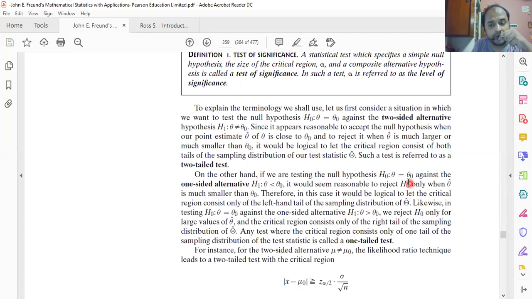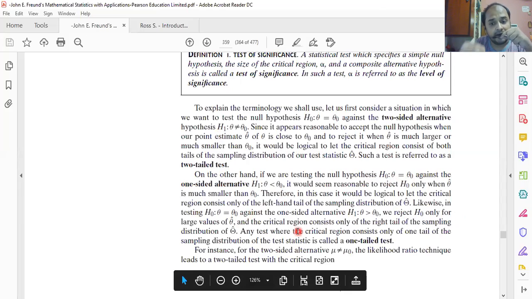Now, in some other problem, we may be sure that if the null hypothesis is not true, then it is either less than that or greater than that. Suppose my null hypothesis is theta is equal to theta naught. If it is not true, then theta is less than theta naught, or theta is greater than theta naught.